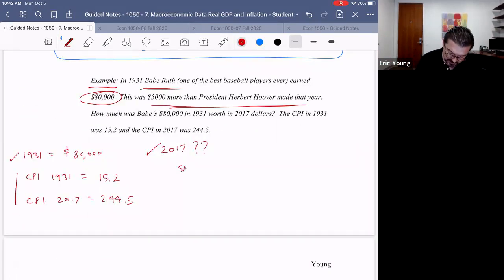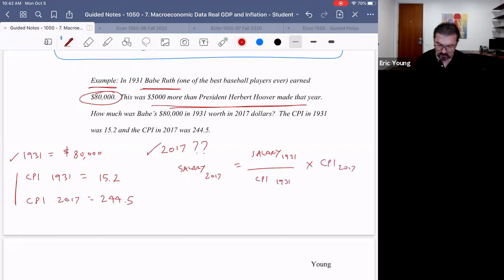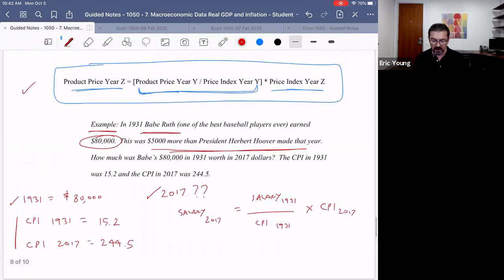Let's do this. The salary in 2017 would simply be equal to the salary in 1931 divided by the CPI in 1931 times the CPI in 2017. Notice that I just took this formula here, I brought it down, but instead of Y's and Z's, which are really confusing, I just put in actual years to keep it real clean.